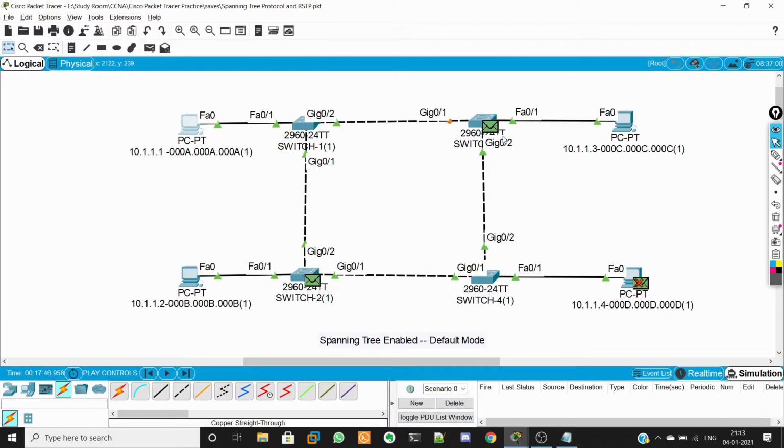Again, this frame is copied by this switch and this switch. Now it reached switch 2. Let's see what happens here. It simply forwards the frame to the appropriate host. It won't forward through this port because it is in blocking state.